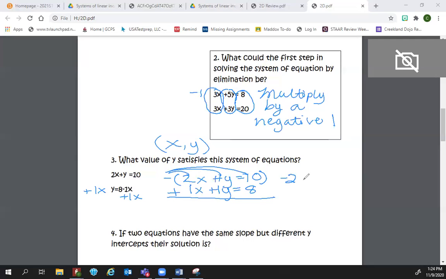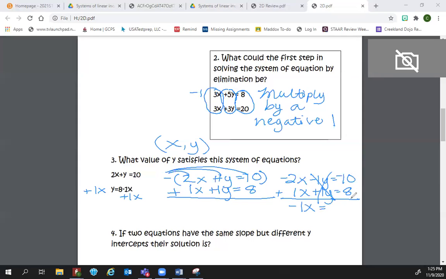So negative 2x minus 1y equals, is that negative 10? Okay. So 1y equals 8. Can I cancel out the y's now? Yes. What's negative 2x plus 1x? Good.